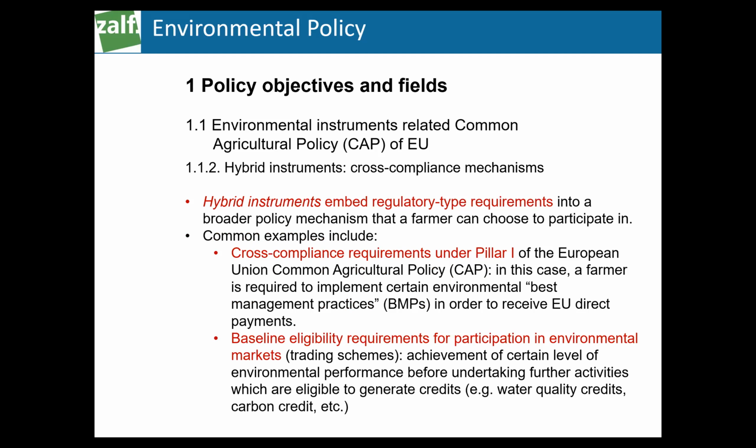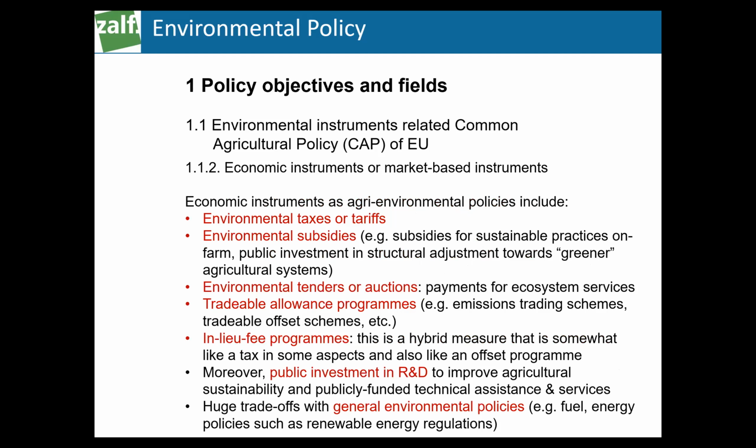They are generally then allowed to have a certain income from the EU premium system. And the baseline eligibility requirements mean participation in environmental markets and trading schemes, what we also have. These are certain hybrid combinations of standards and market systems.